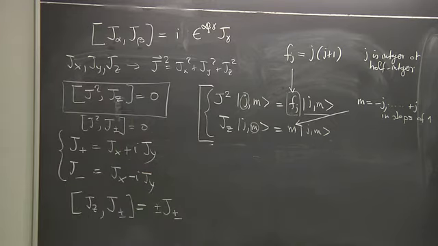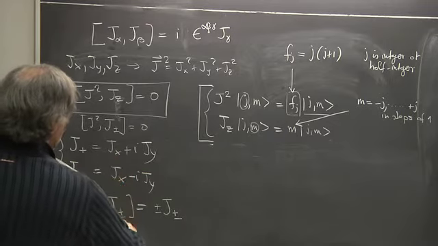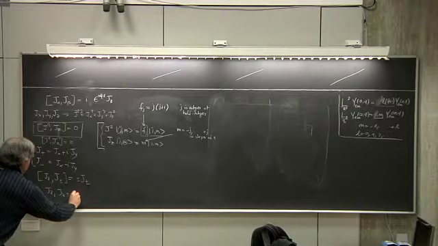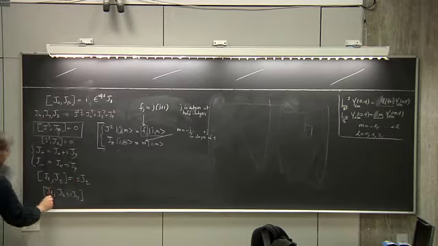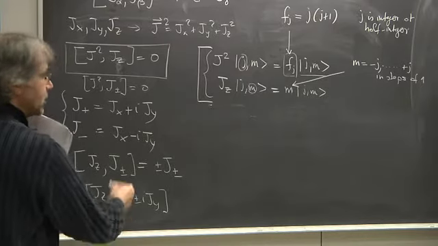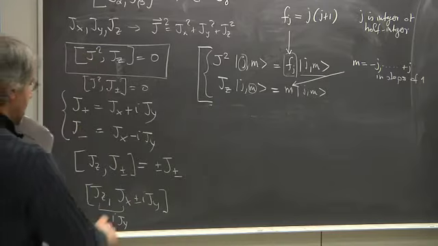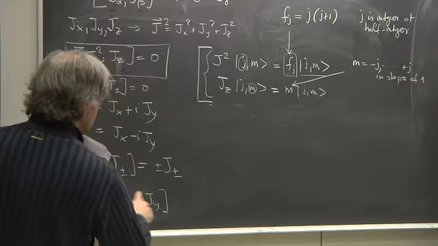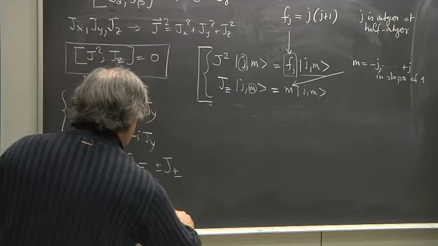This is very simple. Just plug in jx plus or minus i jy, and then use the standard rules. So, for instance, the commutator of jz with jx is i jy, and this is plus or minus i times the commutator of jz with jy, which is minus i jx.